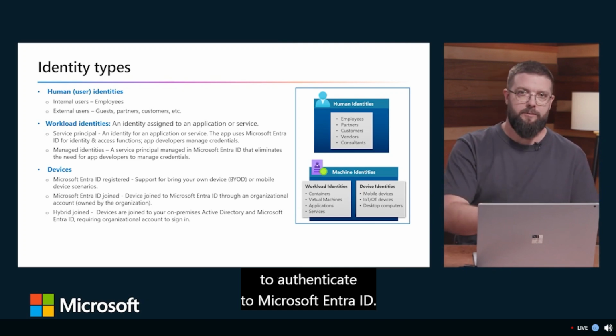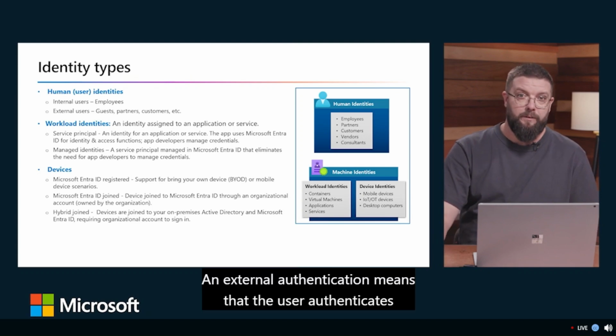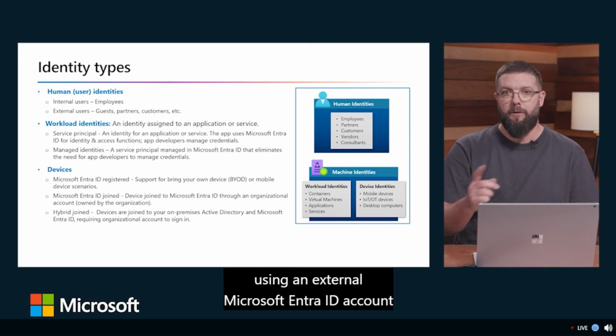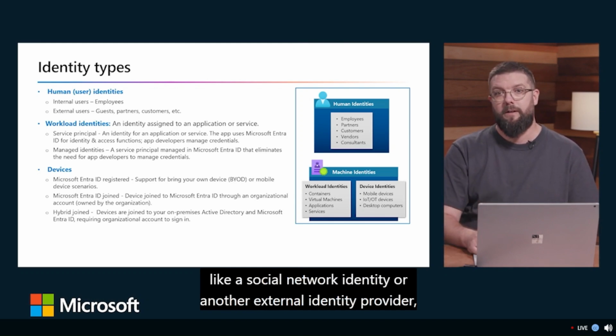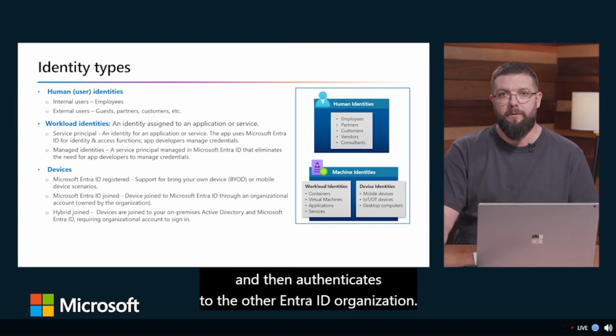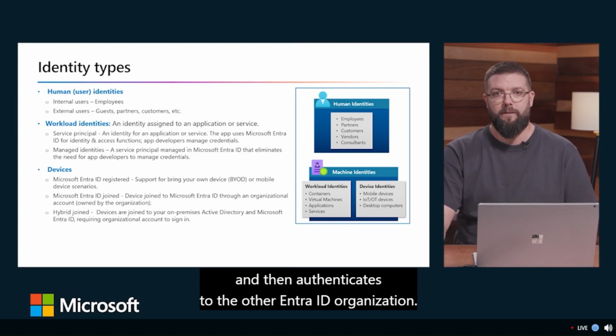An external authentication means that the user authenticates using an external account that belongs to another organization, like a social network identity or another external identity provider, and then authenticates to the other Entra ID organization.